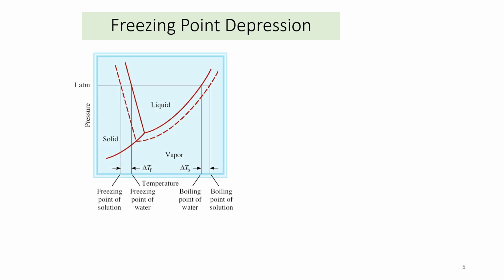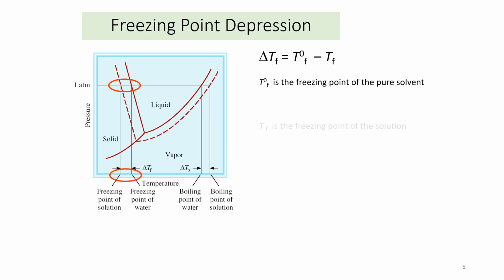So how do we calculate the freezing point depression according to Raoult's law? Here we have the change in the freezing point temperature. We need the formula where delta Tf equals T naught f minus Tf. T naught f is the freezing point of the pure solvent. Tf is the freezing point of the solution, which contains the non-volatile solute.